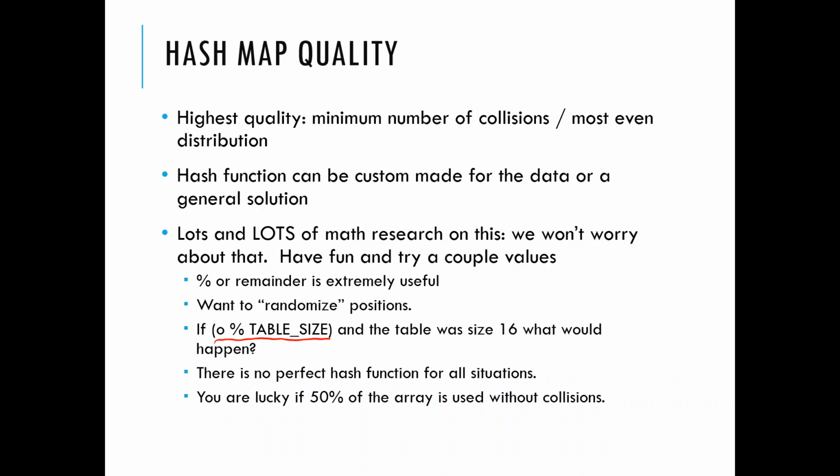So why is it that this does not work for all tables? If I have something like numbers like 16 for the size of my table, why is it that the pointer doesn't work for a hash function? Okay, I'll pause the video and think about it, and then we'll get back to it.